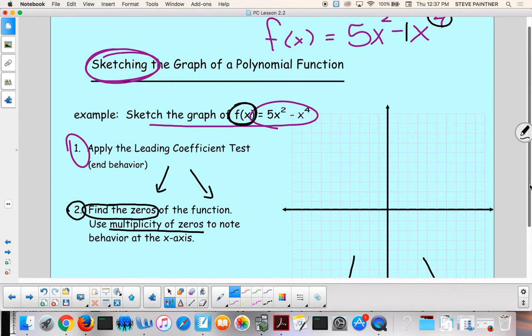So here I go. I'll go up here. I'll replace it with 0 equals 5x squared minus x to the 4th. There you go. Big square. Go get the zeros.